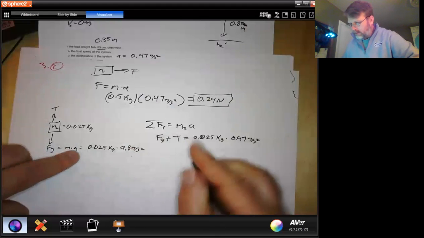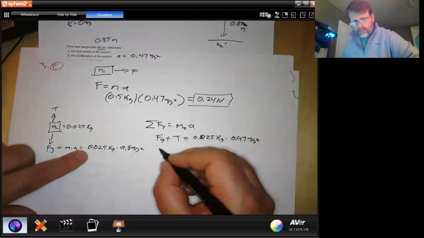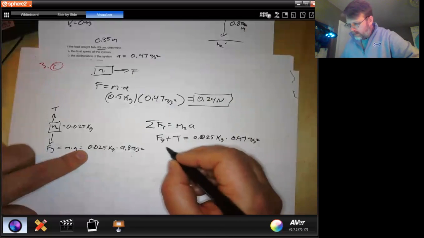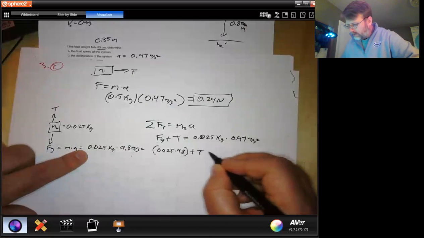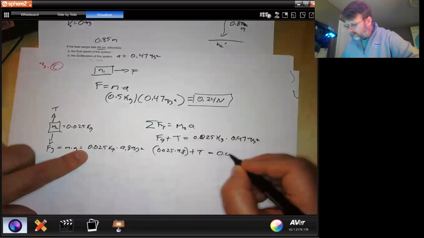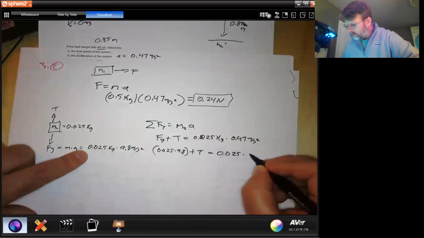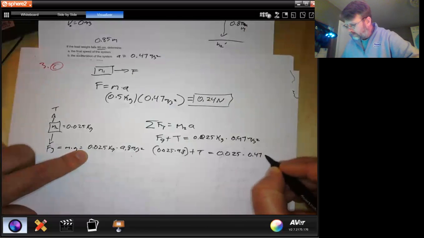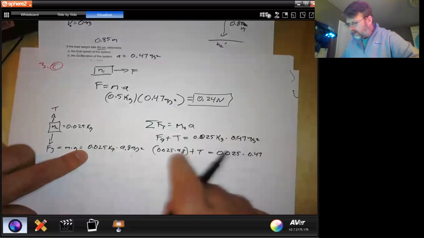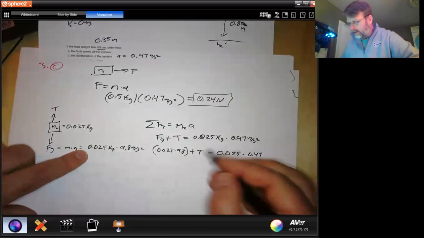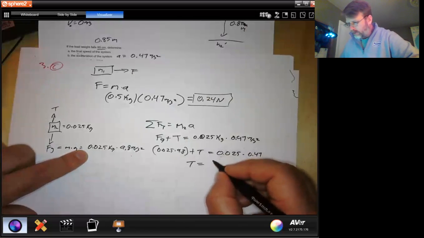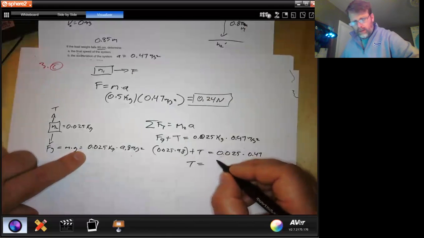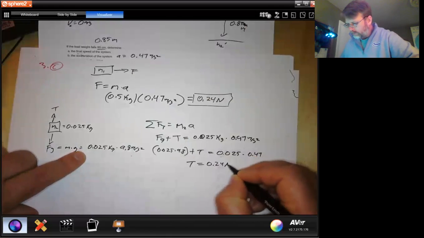So 0.025 times 9.8 plus tension is going to equal 0.025 times 0.47. Notice this does not have mass in it, so we cannot divide all the way through by mass, but what we get is a number fairly close to this again, of about 0.24.